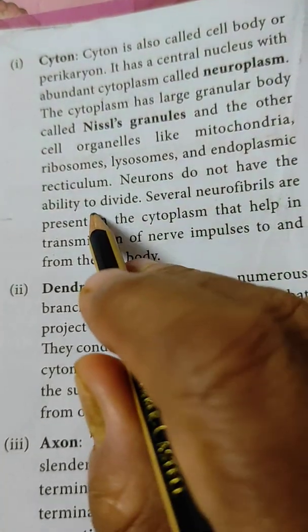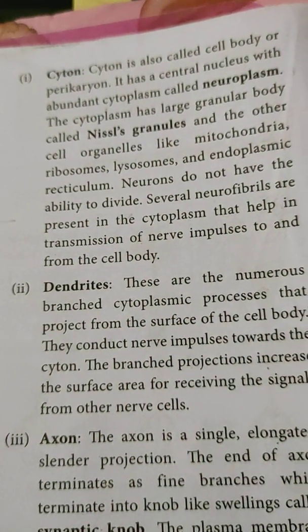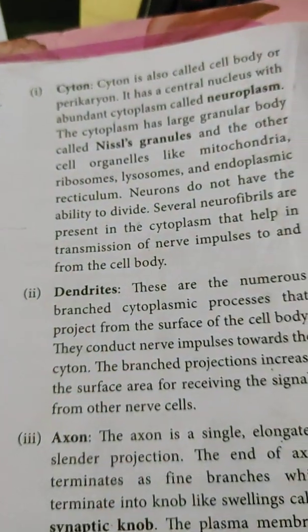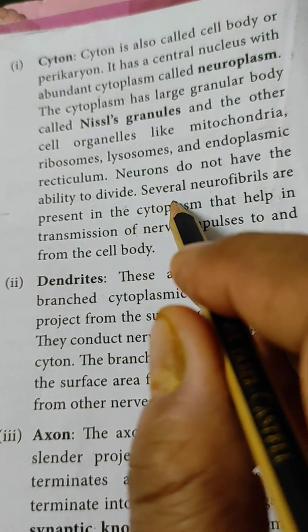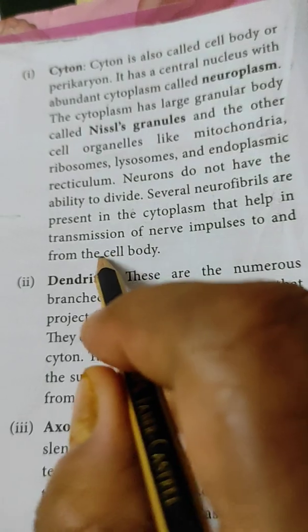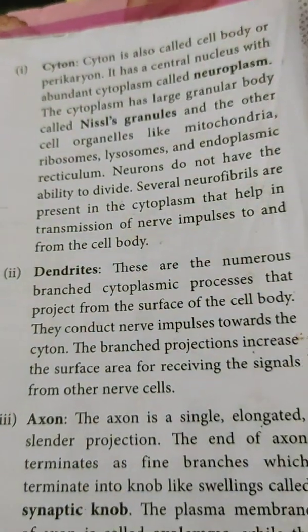Neurons do not have the ability to divide, so they cannot divide into so many numbers. Only their growth is possible. Several neurofibrils are present in the cytoplasm that help in transmission of impulses to and from the cell body.